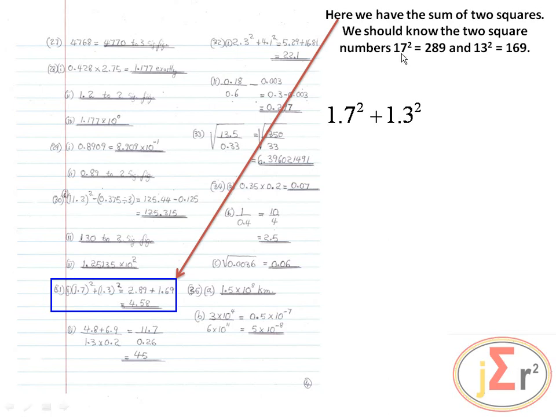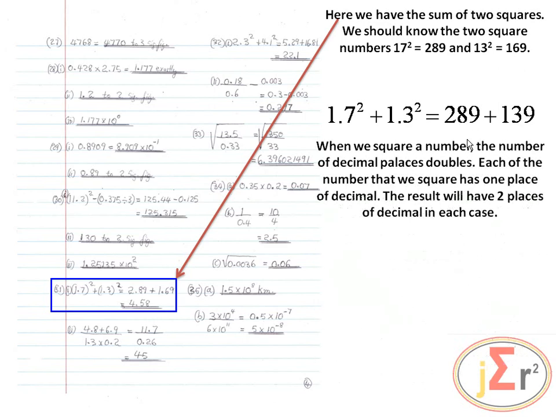Therefore 17 squared should not be such an unfamiliar number. So there we have those two numbers that we have squared. 17, 289, and we square 13 and we get 169.